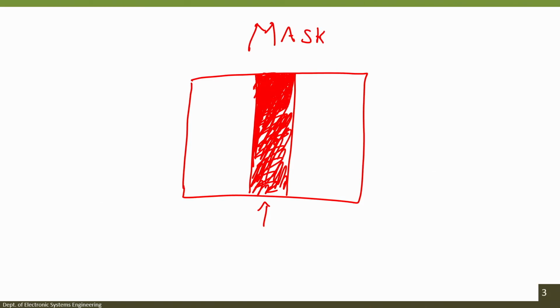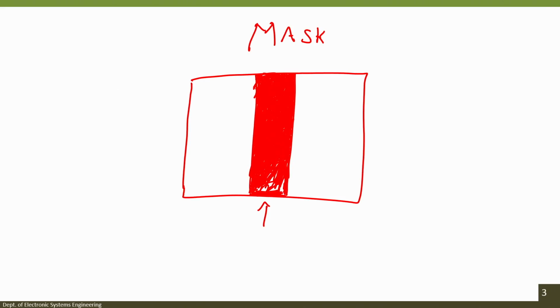It can be Fe2O3 glass. What we see here is that the center portion is opaque to light, while the portions on the sides are transparent.